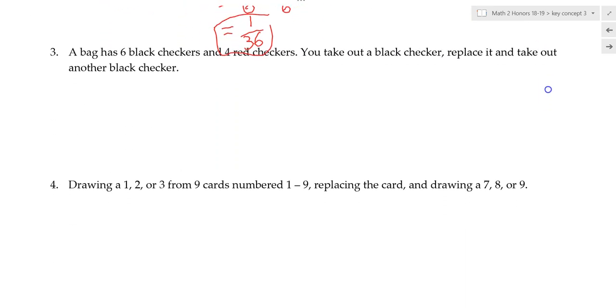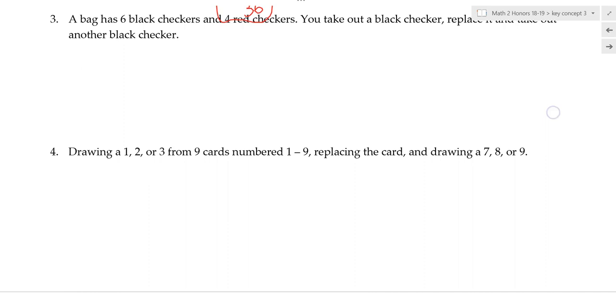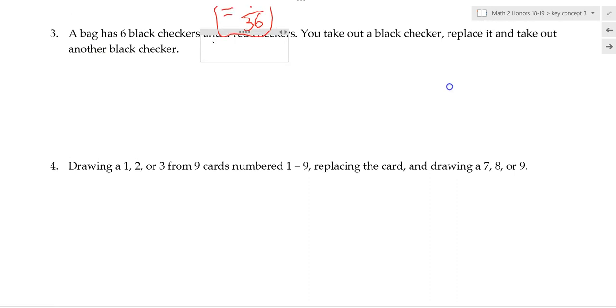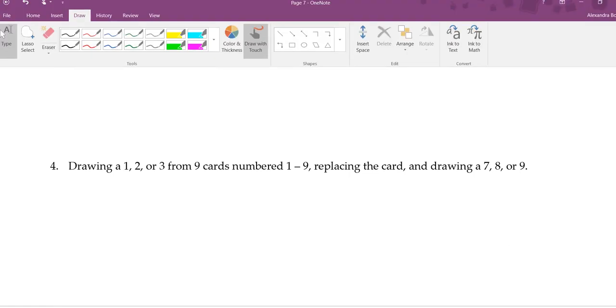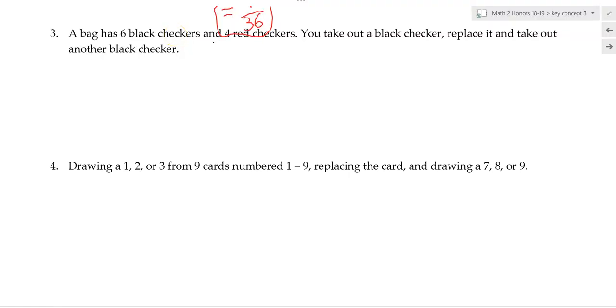All right, looking at number 3. A bag has 6 black checkers and 4 red checkers. You take out a black checker, replace it, and then take out another black checker. Since I'm replacing it, when I go to do the second part, the number of checkers in the bag has not changed.